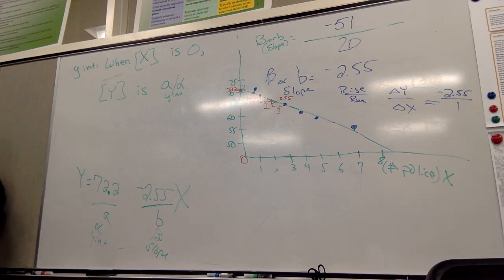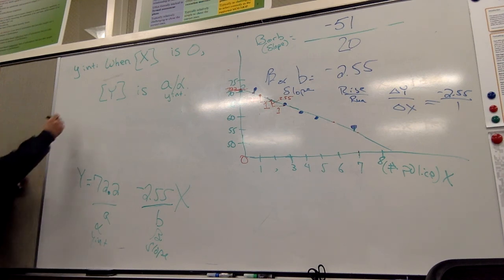So the template for the y-intercept: when you set x to 0, or when all the x's are set to 0, y is whatever that value of a is.